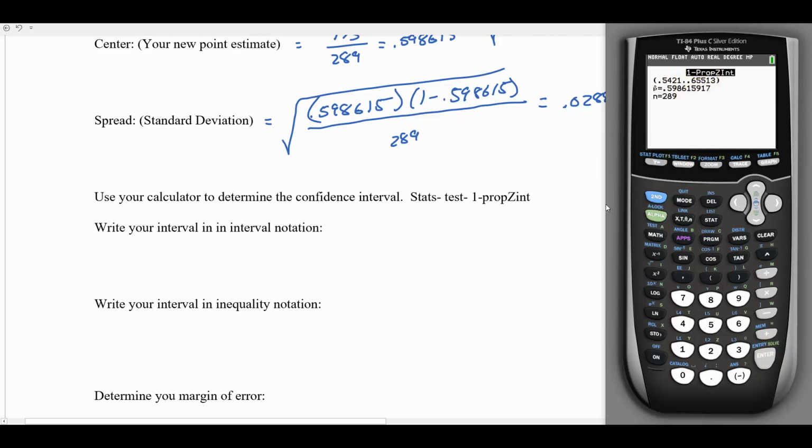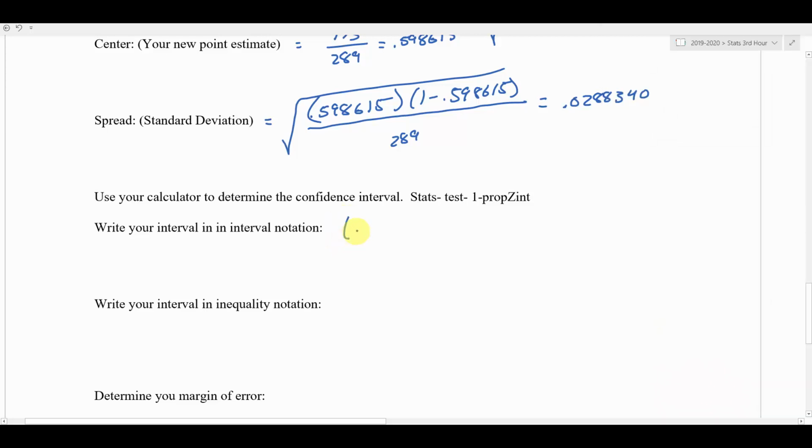So we've got 0.5421. We're going to write this in interval notation first. 0.5421. And it was 0.65513. Okay. And if you want, you can write that as percentages as well.